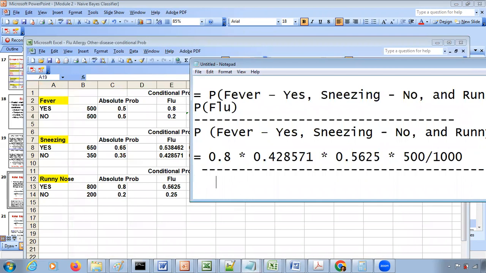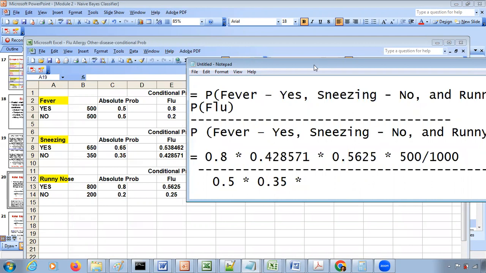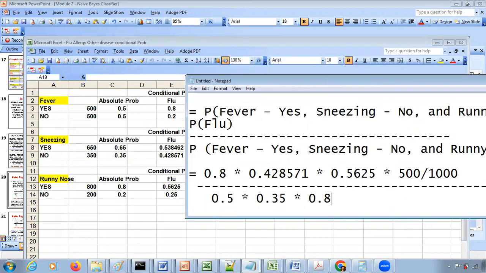That's given from our absolute probability values here. Fever equals yes, absolute probability is 0.5. Sneezing equals no, absolute probability is 0.35. Runny nose equals yes, absolute probability is 0.8. That's the test case.